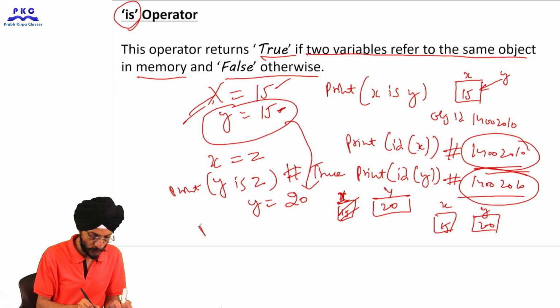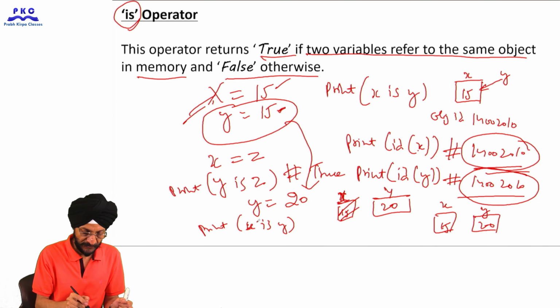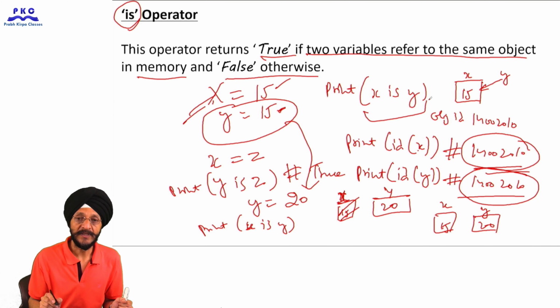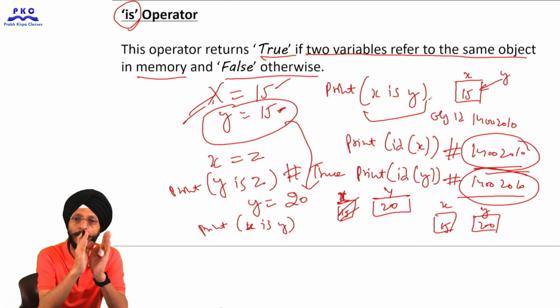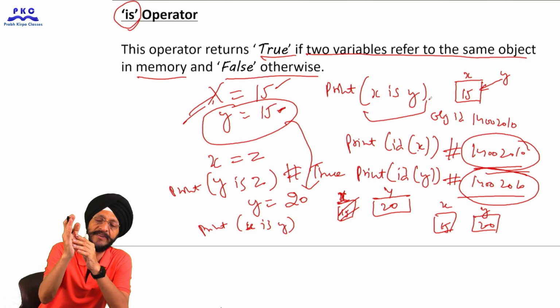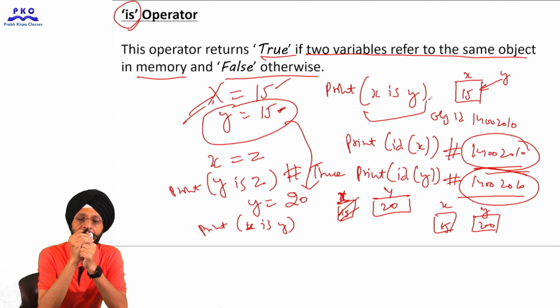And now if we use print x is y, earlier when we used x is y, the answer was true because the memory address or memory location of both x and y was same. They were referring to the same object in memory.